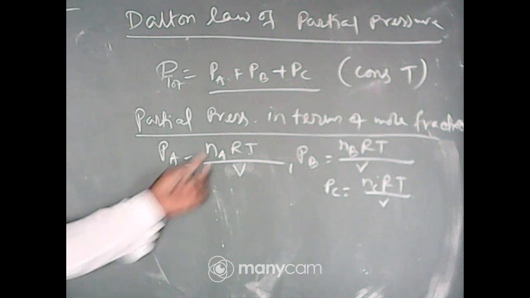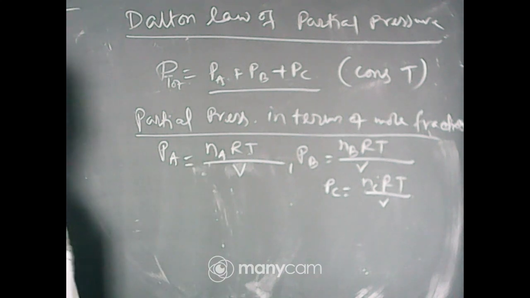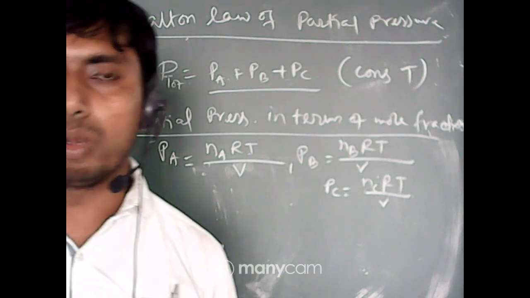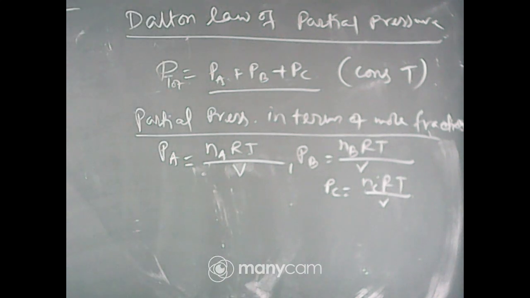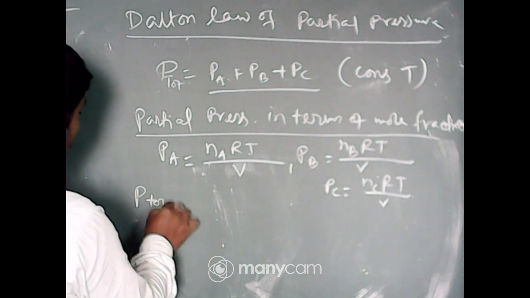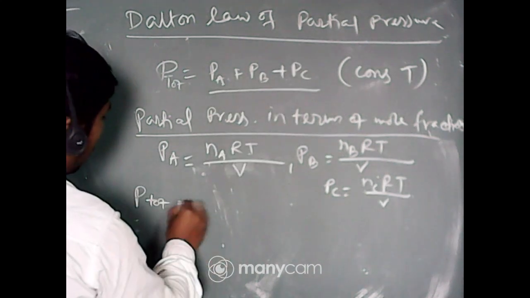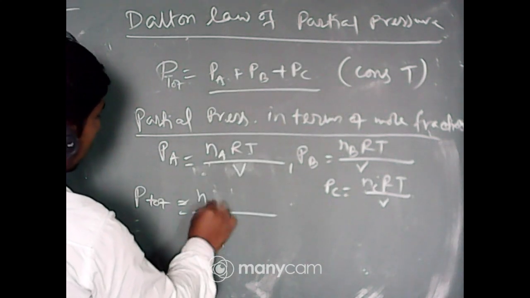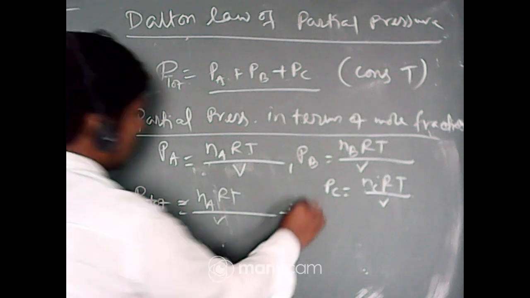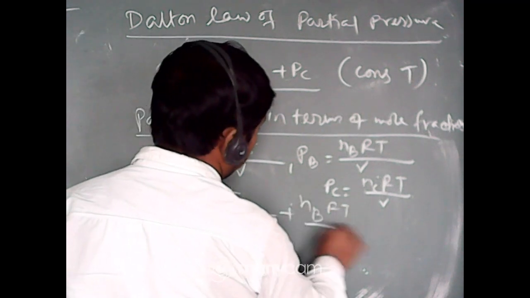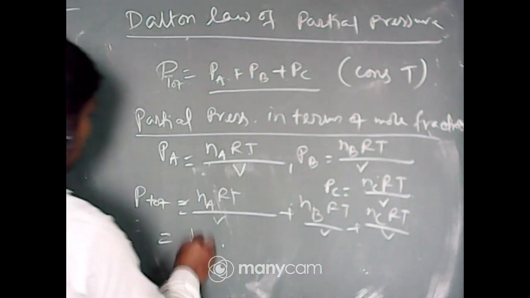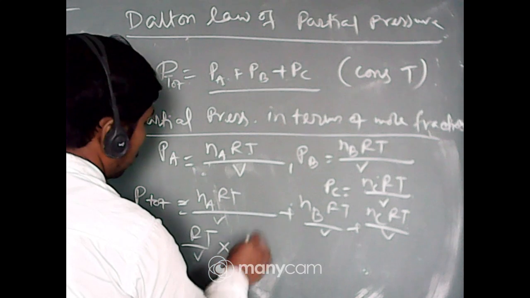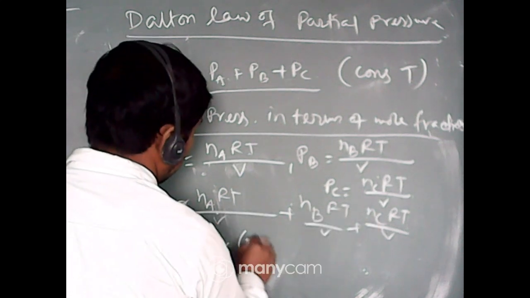Now, N depends on the number of moles, and the number of moles equals the given mass by the molecular mass, W by M. So, P total equals PA plus PB plus PC. Now, I am directly putting in the values: NA RT by V plus NB RT by V plus NC RT by V. This part is common, RT by V into NA plus NB plus NC.